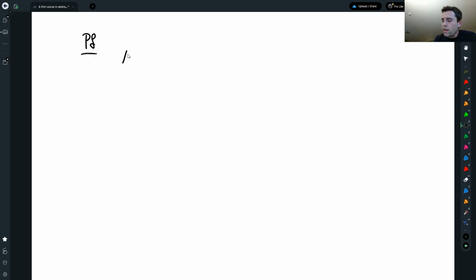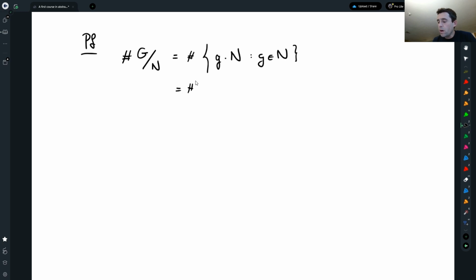First of all, the number of elements in here is the number of distinct left cosets of N, and that is precisely the index.